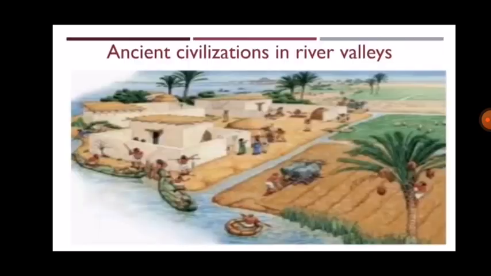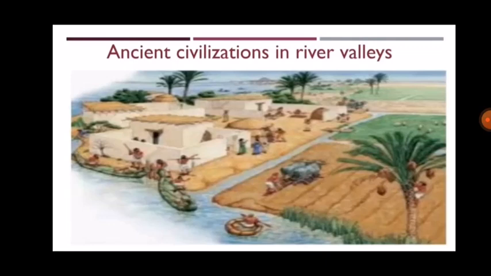Okay, let's move to the next point, that is ancient civilizations in river valleys. Cultures which flourished in the New Stone Age were based on an agricultural way of life. Now you know that the people who were living in villages, their life was based on agriculture. For that, fertile soil and constant water supply are essential for growing good crops.